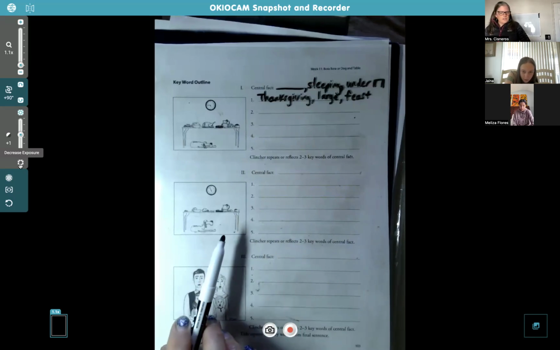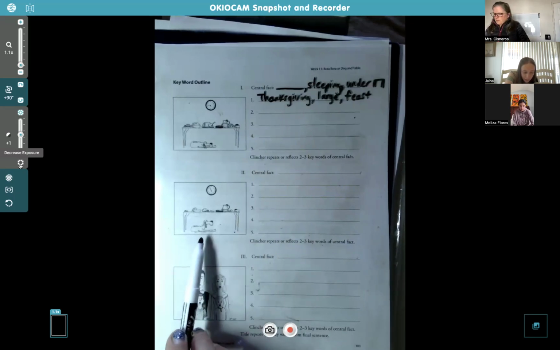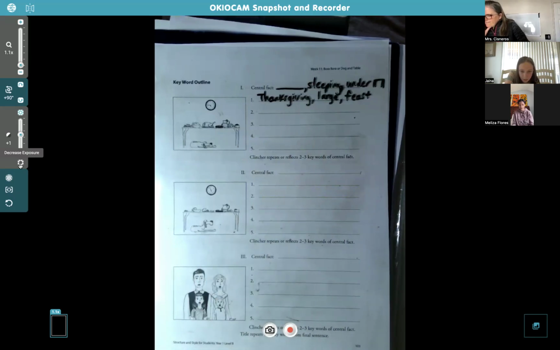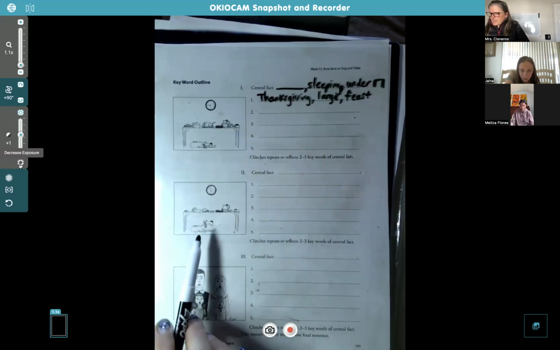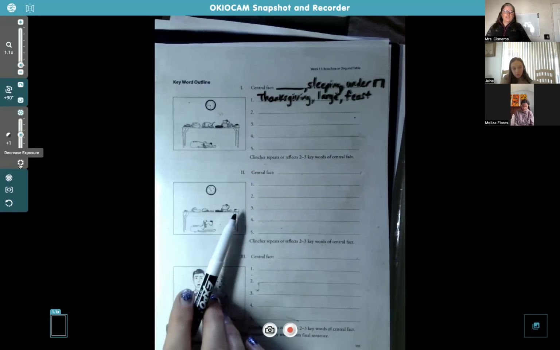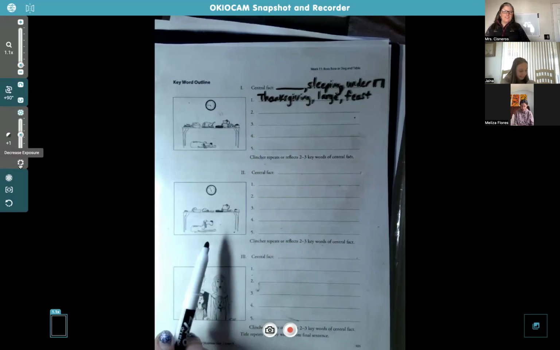But looking at the next picture, Lily, how about this one? What's happening literally in this picture for the central fact? The dog is sleeping on the table after eating all the food. It looks like his head is up. So I don't know if he's sleeping, but I agree. It looks like he just ate all the food. Because the food now is gone. If you look, there's no turkey there anymore.